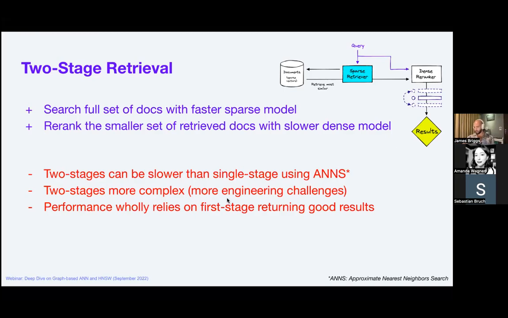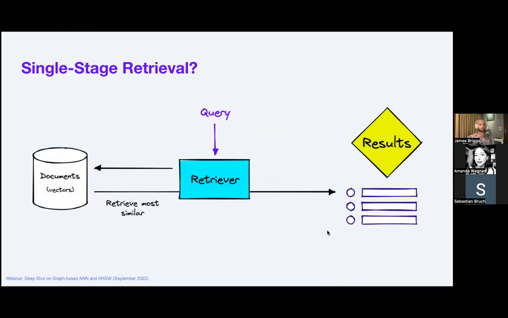Okay, cool. So the other option is single-stage retrieval. So this is, as it says here, where you have a retrieval system that just has one stage to it. So this can look differently depending on what you're going for.